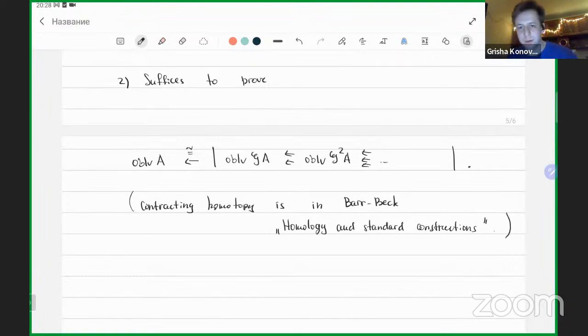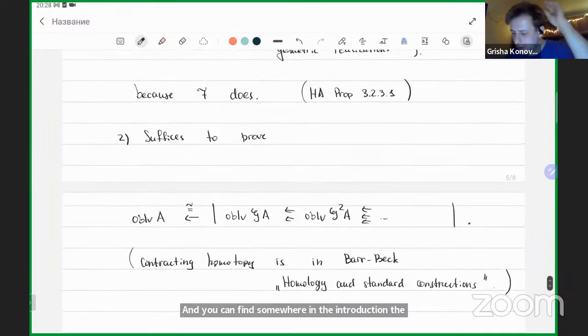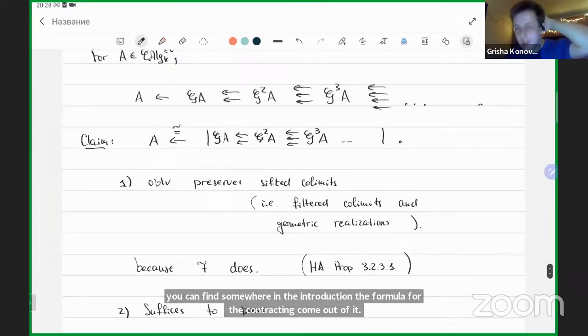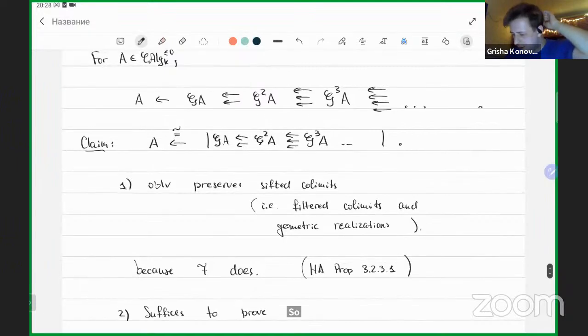You can find the formula for the contracting homotopy somewhere in the introduction. So that more or less proves the claim.